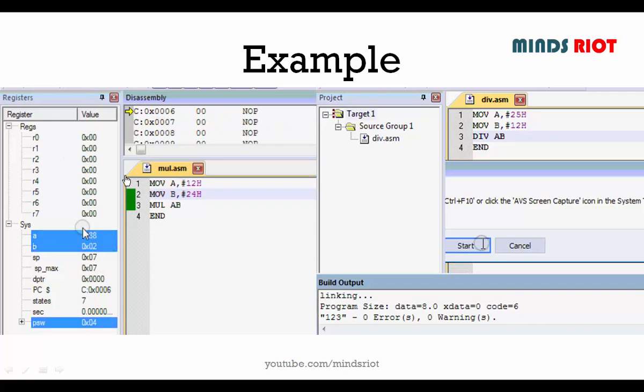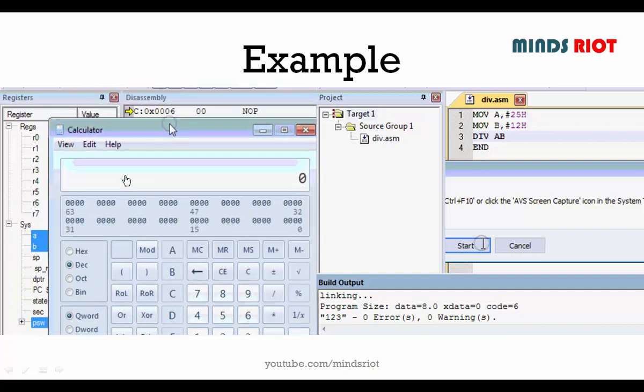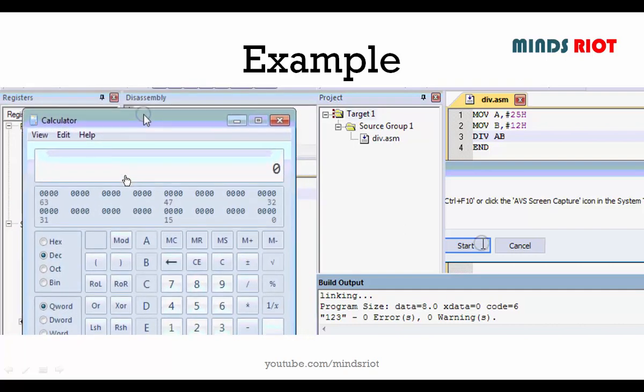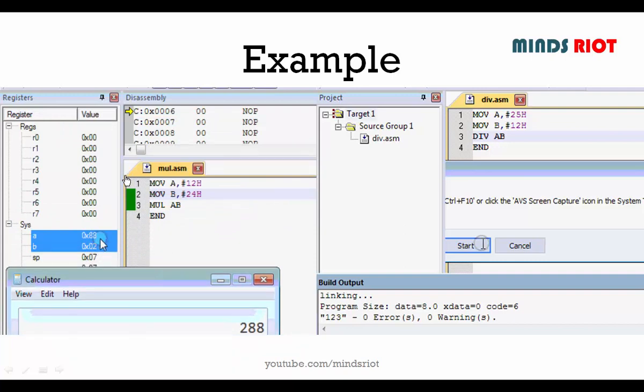The result, lower byte goes into the accumulator and higher byte goes into register B. Let's cross check the result. 12 multiplied by 24 is 288 in hexadecimal, which is a 16-bit number. Lower byte goes into the accumulator and higher byte into register B.